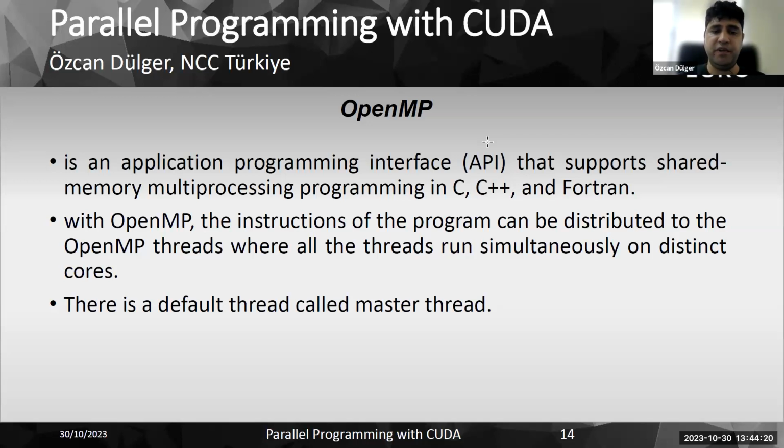And with OpenMP, we can distribute the instructions of the program to the OpenMP threads, and these threads run simultaneously on distinct cores. And there is a default thread in OpenMP which is called the master thread.